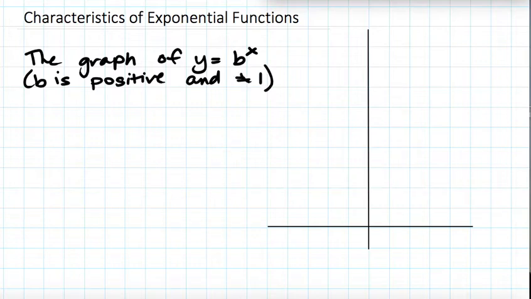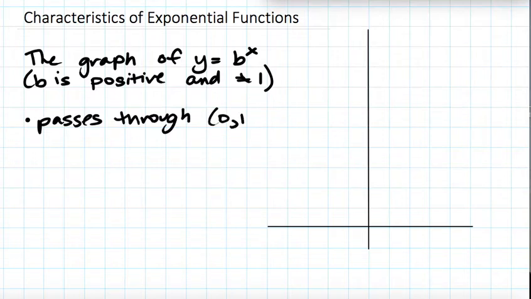So one characteristic is that all of these graphs pass through the point 0, 1. Like we saw in the examples and checkpoints, anytime you plug in 0, any number to the 0 power, plug in 0 for a power, the answer is 1. So all of these graphs will pass through that point.